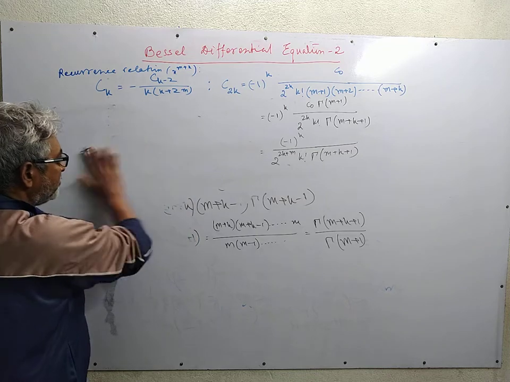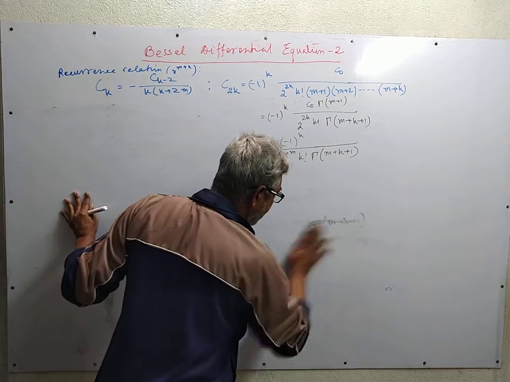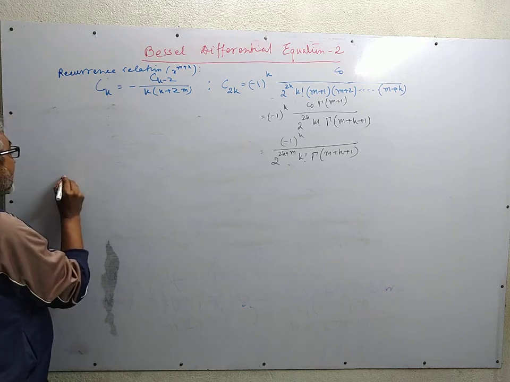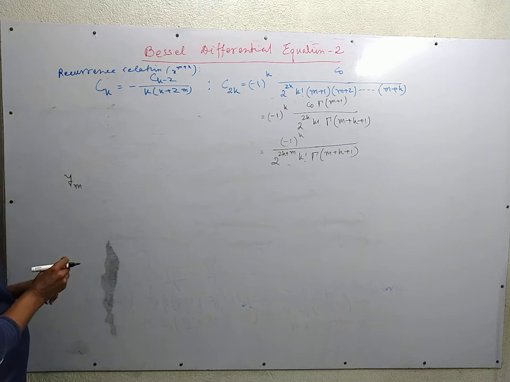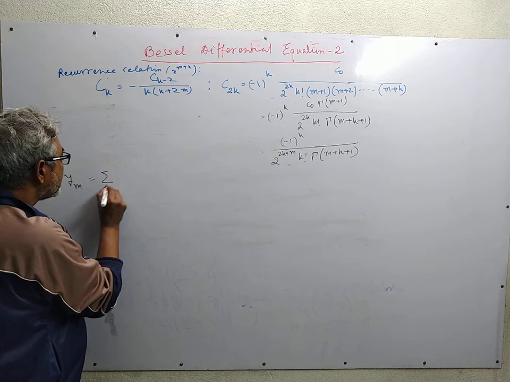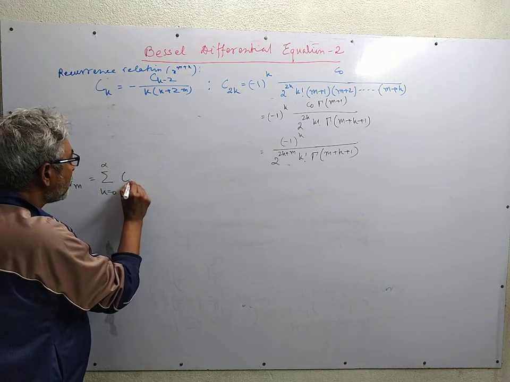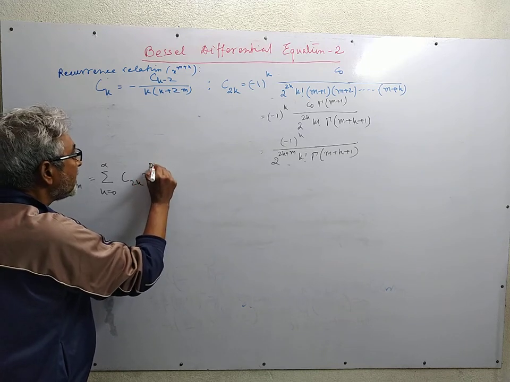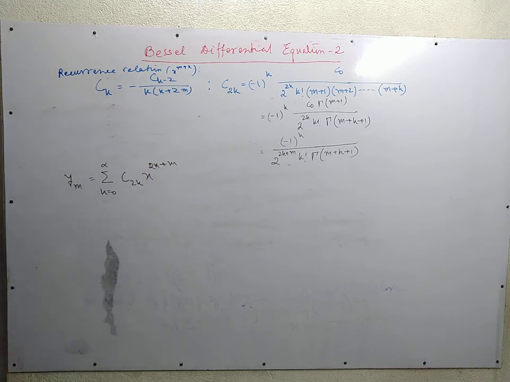So for a given value of alpha, the series is obtained like this. Y with m is equal to the summation over k is equal to 0 to infinity of c of 2k x to the power 2k plus m, where m is plus minus alpha.